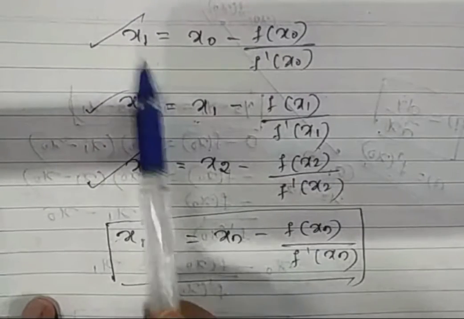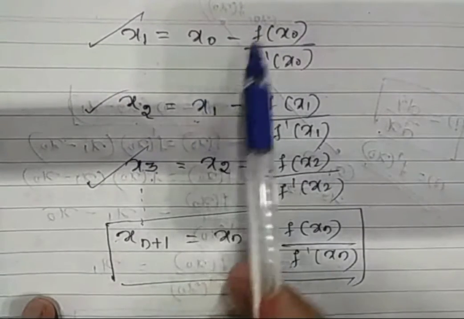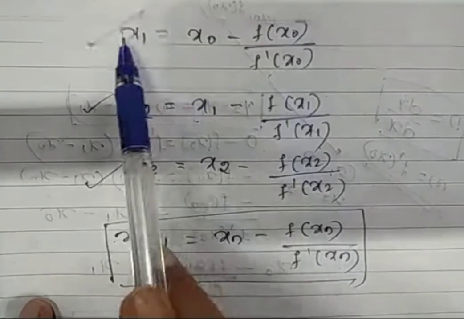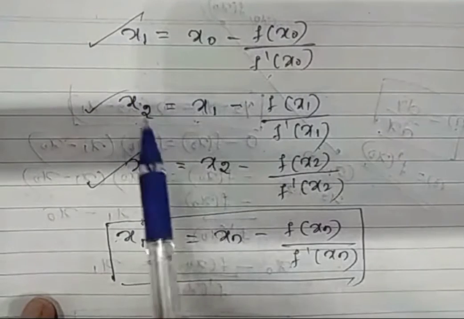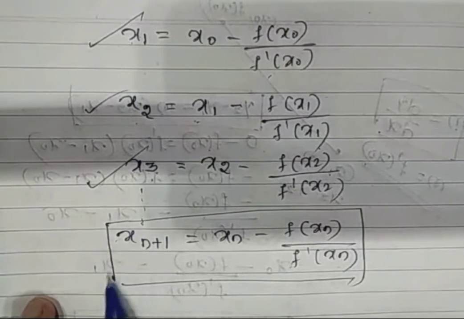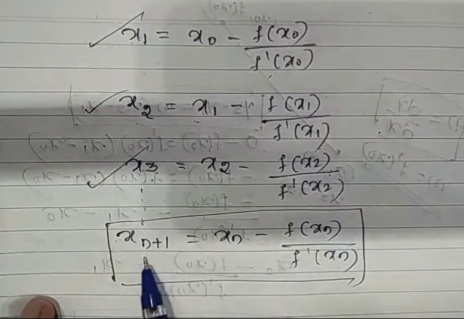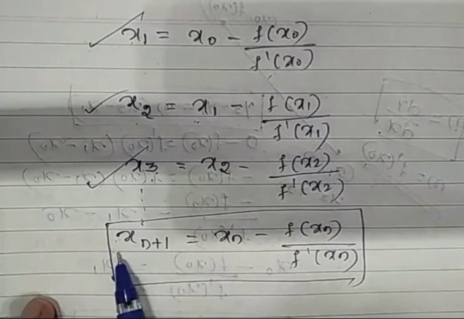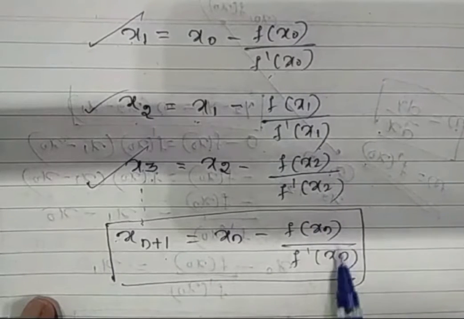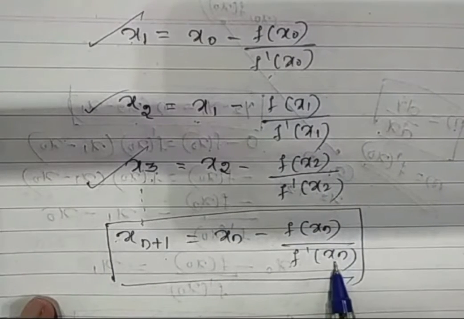This we have derived, that is x1 is equal to x naught minus f of x naught divided by f dash of x naught. This is to calculate the first approximate root, second approximate root, third approximate root, and so on. Lastly, the general form which we get is xn plus 1 is equal to xn minus f of xn divided by f dash of xn.